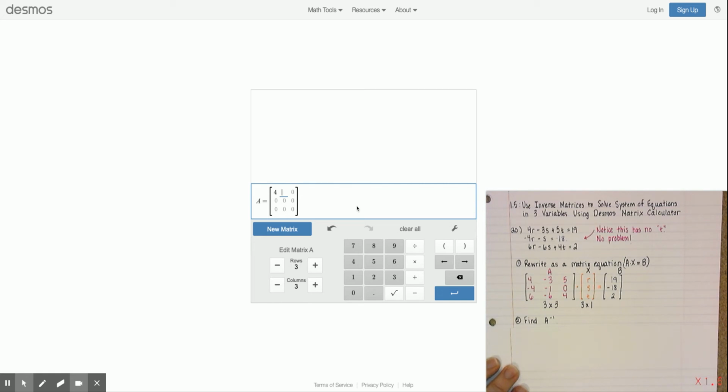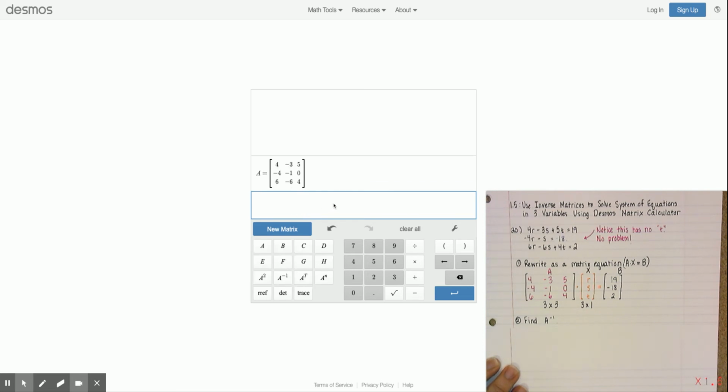So 4, -3, tab, and so on. Okay, so make sure you double check that everything is right. 4, -3, 5, -4, -1, 0, 6, -6, 4. Okay, we are ready to press enter, and there is our matrix A.